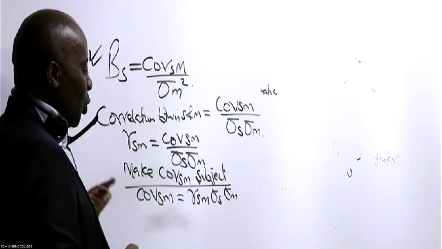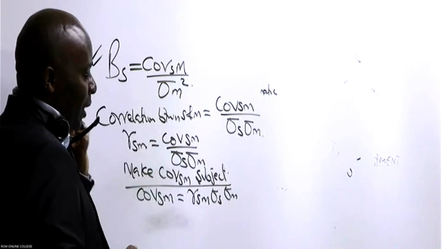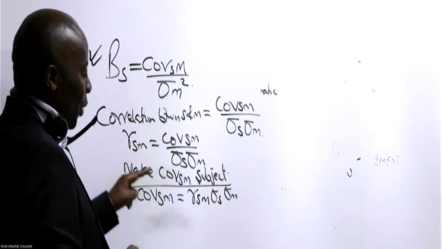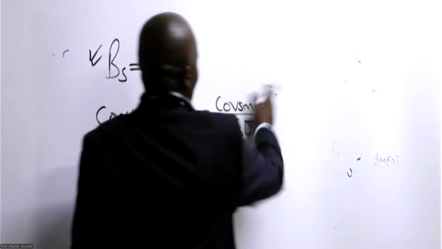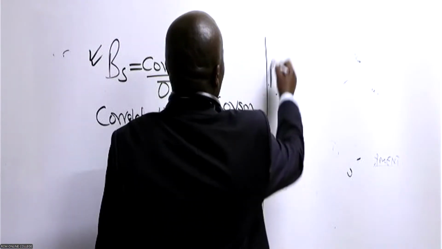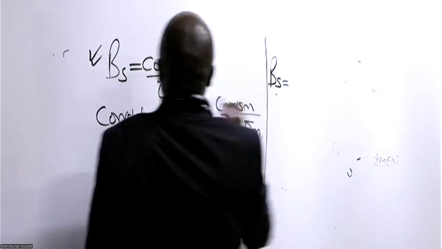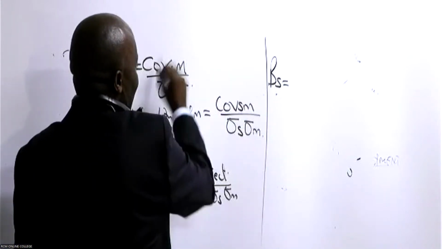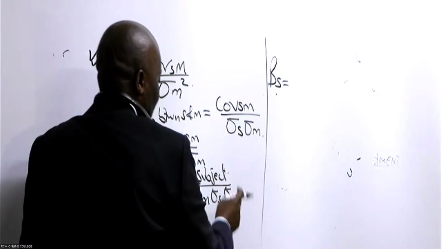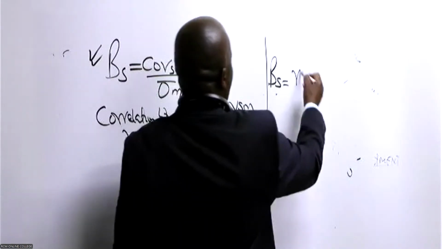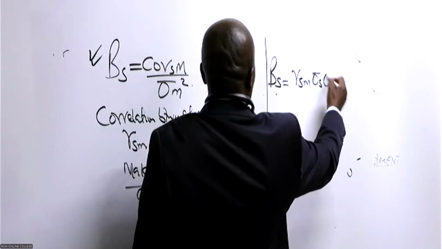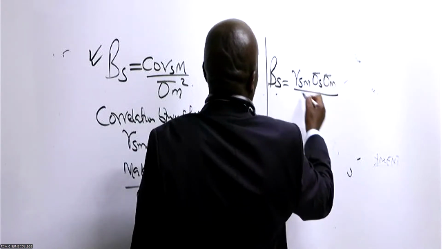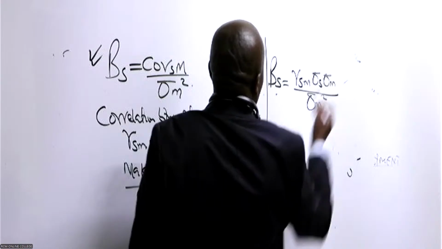Then I would want you to do me a favor. Come and give me beta in terms of correlation. So this beta of S, instead of writing covariance, please write this: RSM, standard deviation S, standard deviation M, over standard deviation M squared.